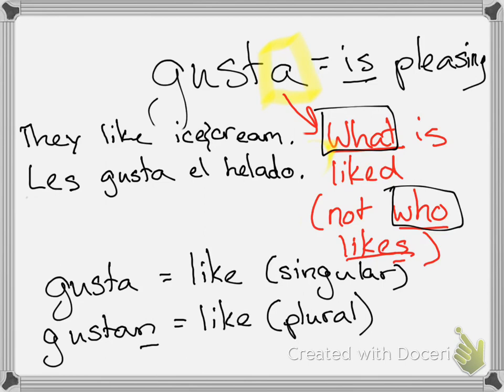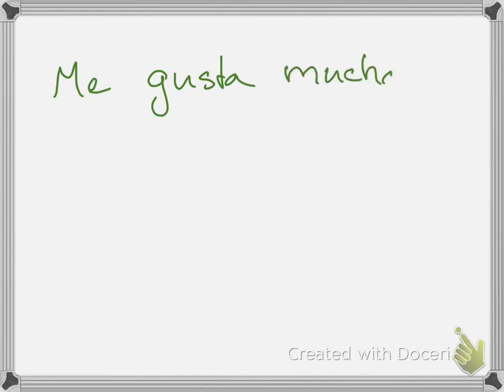One more thing before we finish here is if somebody likes something a lot or somebody doesn't like anything a lot. So we can say, me gusta mucho, which would be like saying, I really like, okay? Me gusta mucho. Think about mucho gusto, nice to meet you. It's really nice to meet you.